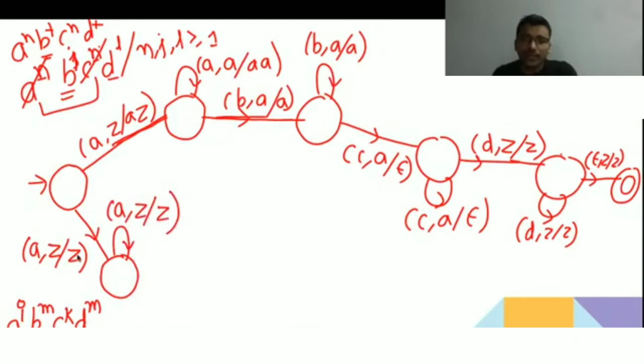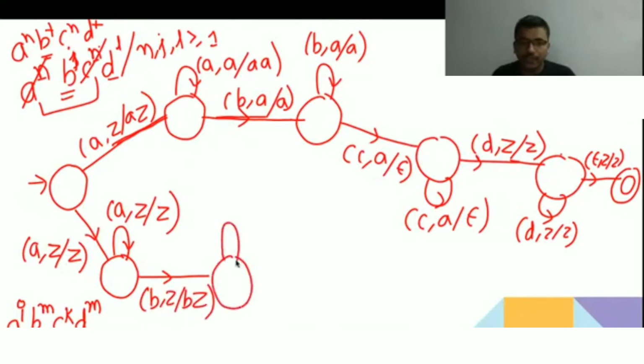So for any number of A, just replace the top with that symbol only. Then if you are getting B, then stack will have Z, replace Z with ZB, means you have inserted B. Again, if you are getting B, any number of B, the stack will have B, replace it with BB.